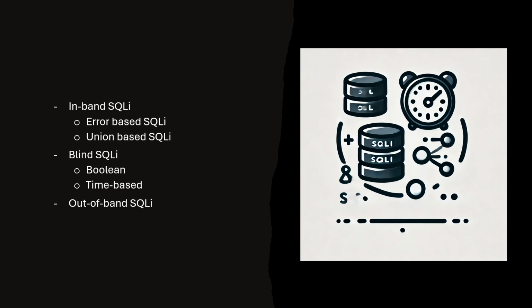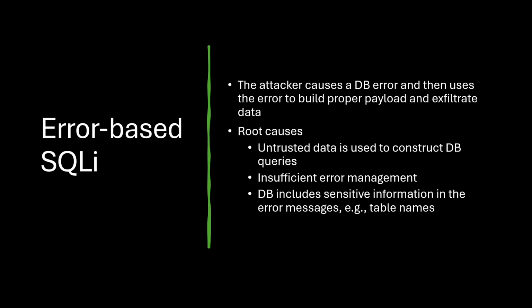Okay, so let's dive into error-based SQL injection, which is a kind of inbound SQL injection. As the name suggests, in this type of SQL injection, the attacker intentionally causes a database error, which is then shown to the attacker in some form in the UI.